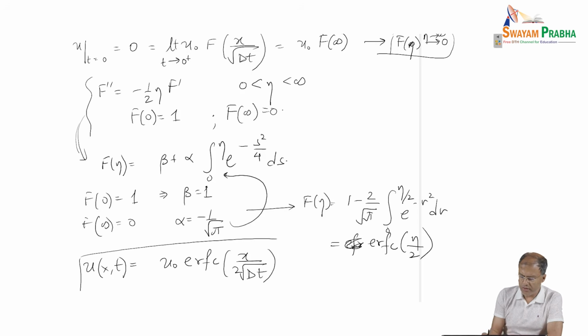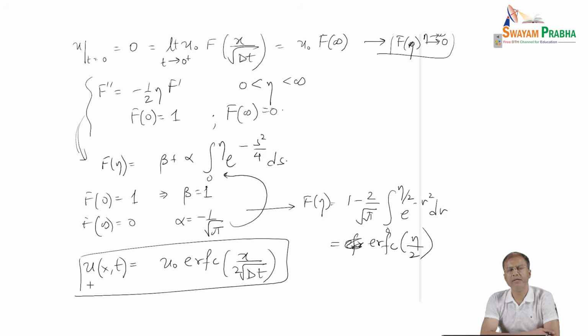So notice that using a combination of dimensional analysis and similarity transformation, we have been able to completely solve this 1D diffusion equation. And the combination of these two methods, namely dimensional analysis and similarity transformation, allows us to devise a new method of solution of these models of classical mechanics.